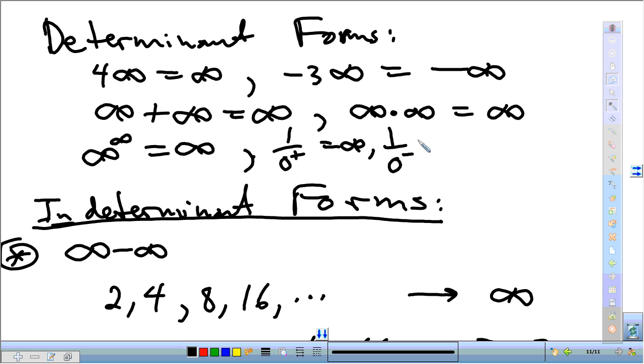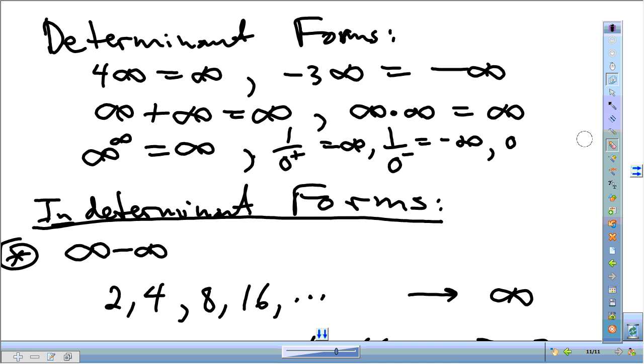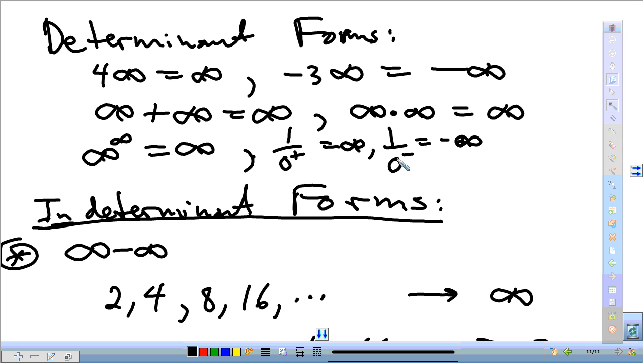So division by 0, we can assign a concept as long as we know the signs of being close to 0.